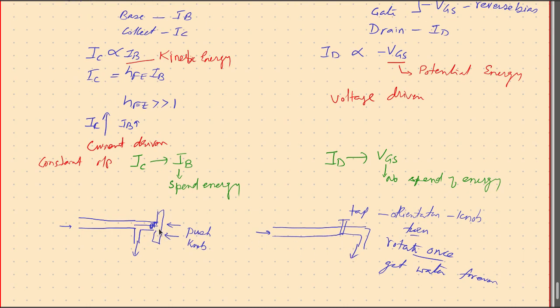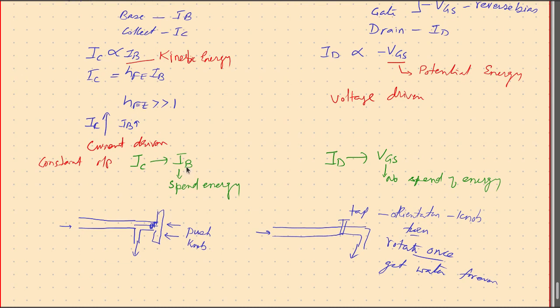So this works on kinetic energy. You need to spend energy all the time, whereas this is on potential energy. So the FET is equivalent to this. Just apply potential, and yes, it starts current to flow. But to make sure that this output current is there in BJT, you need to ensure that base current is flowing.